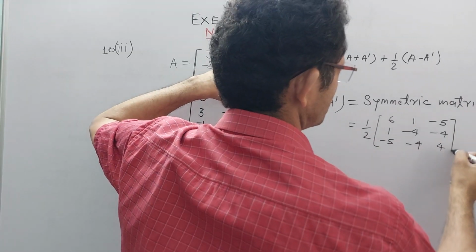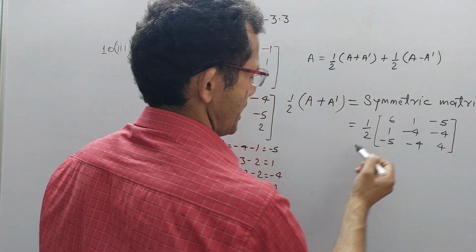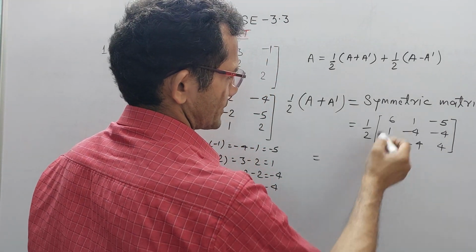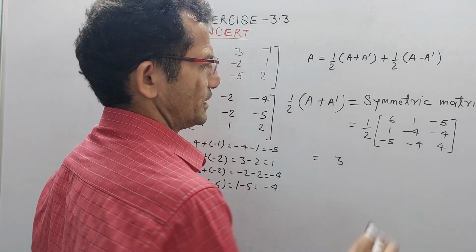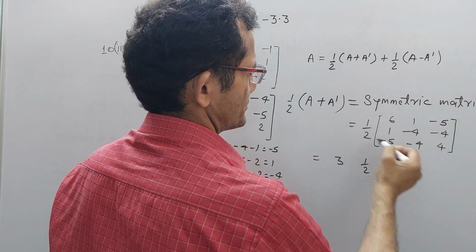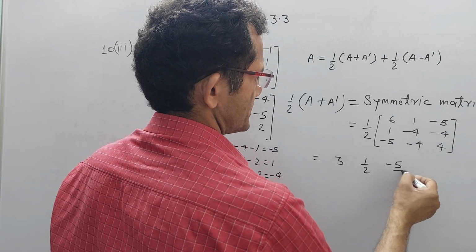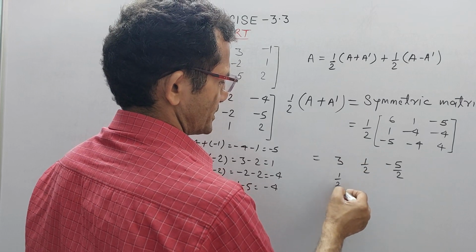So this is half of this matrix. Divide each entry by half. 6 by 2 is 3, and this is 1 by 2, this is a fraction, and minus 5 by 2, this would be in fraction, and 1 by 2 is here, second row element.